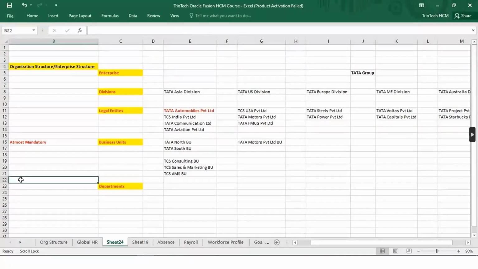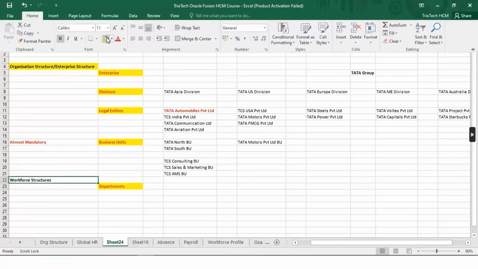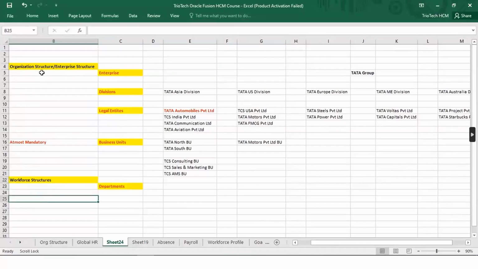There is one more concept which we have to discuss in our coming sessions, called workforce structure. So these are the two types of structures that we have in our Fusion application: organization or the enterprise structure. Then we have something called workforce structures.